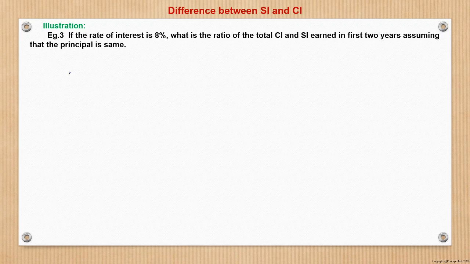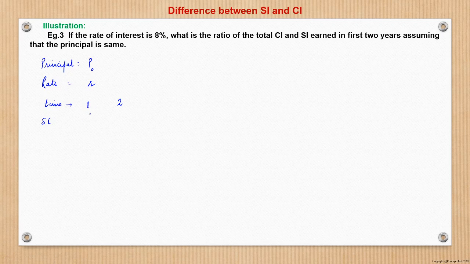So let us again derive this first. Simple interest, compound interest, rather let the principal be P0, rate be R, right? So now we can say that simple interest, and this is 1 to time.